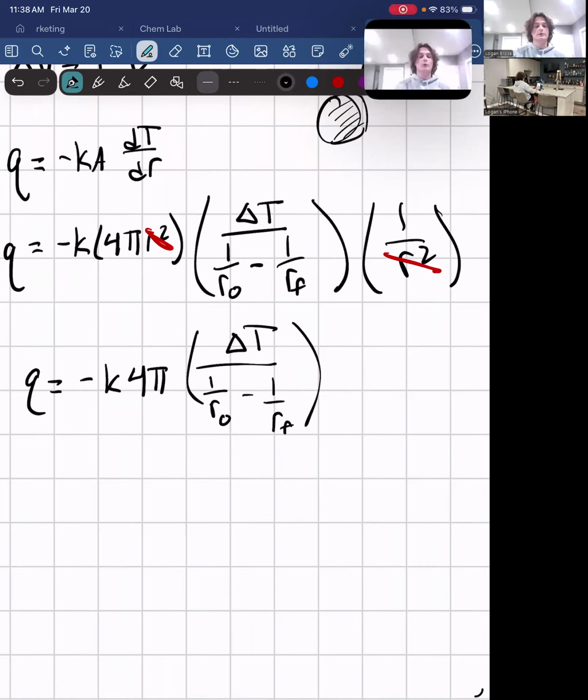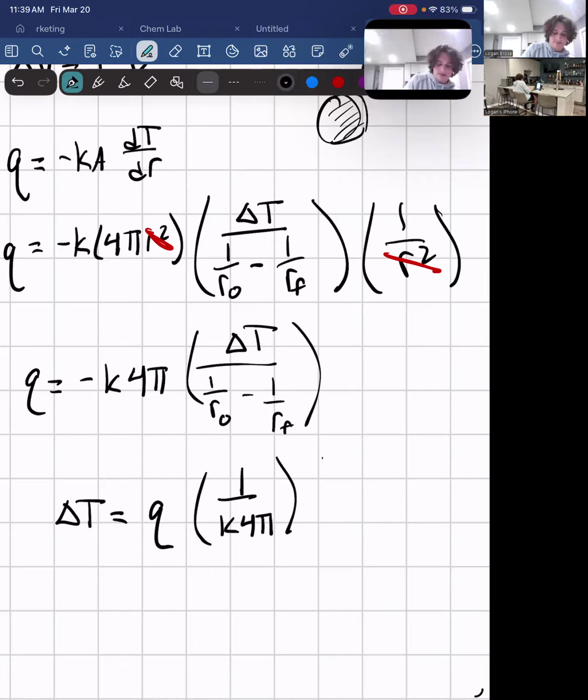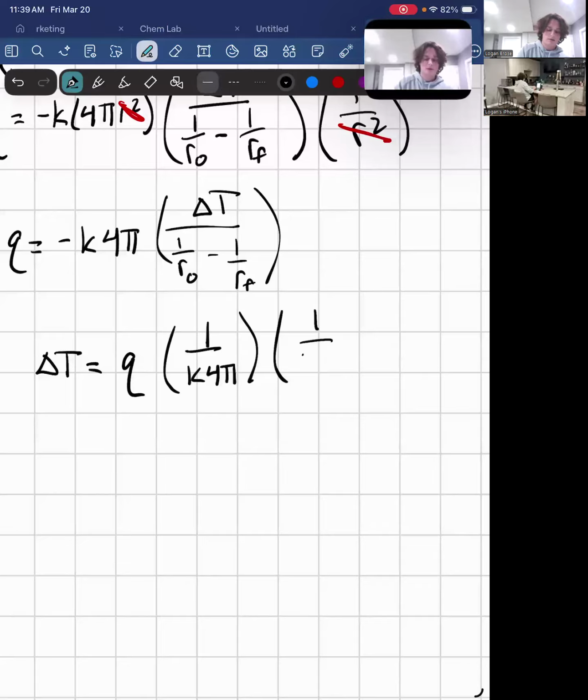And then we can rework this equation to get delta T equals our Q times 1 over K 4 pi times 1 over our initial minus 1 over our final.